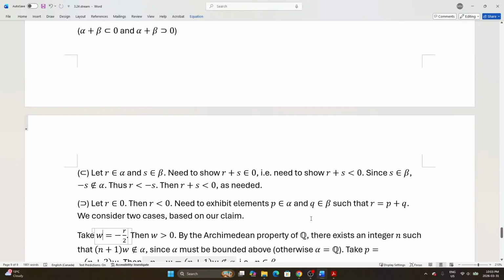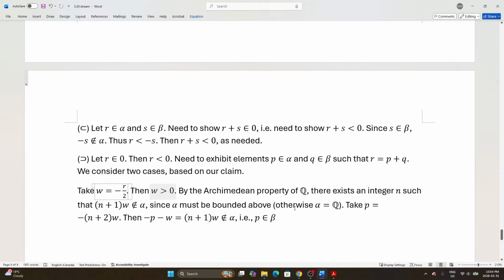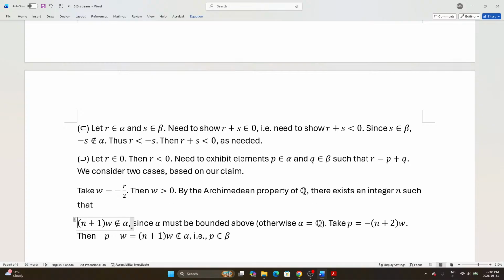For that, let's take an arbitrary r in 0. So r is negative, and w, which is minus half r, is positive. By the Archimedes property, there exists an integer n such that n times w is in alpha.